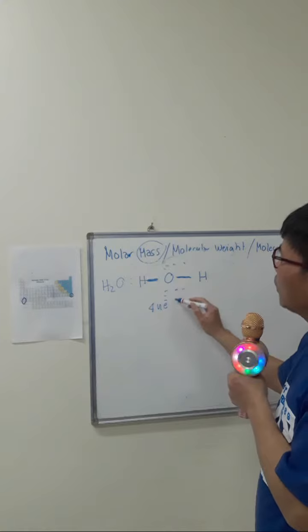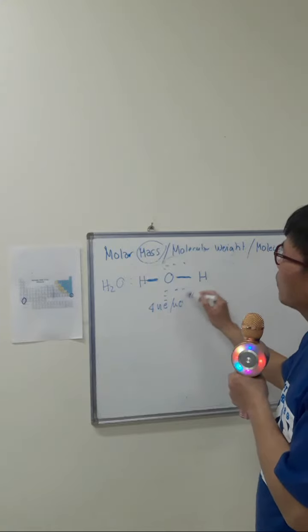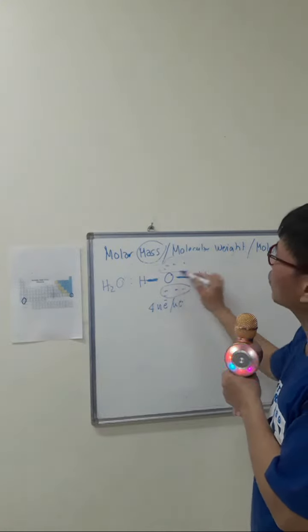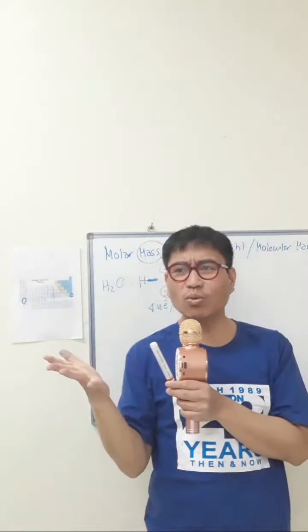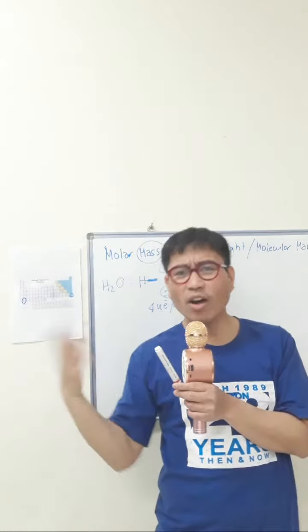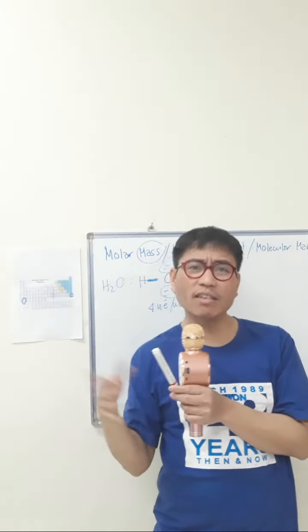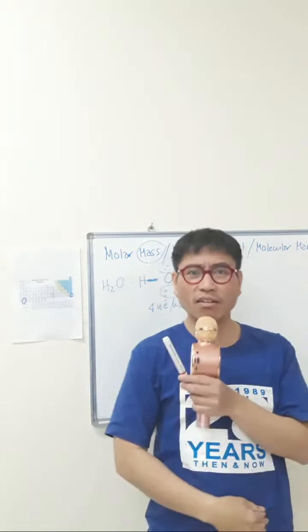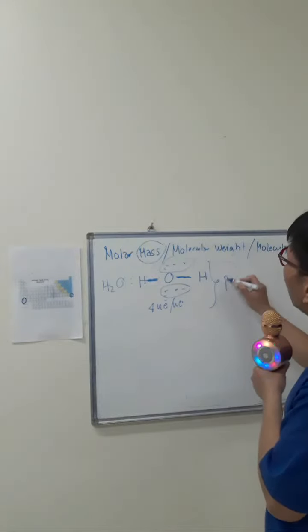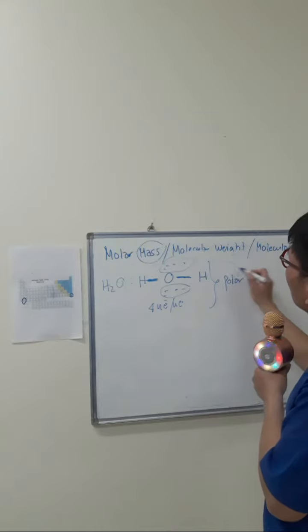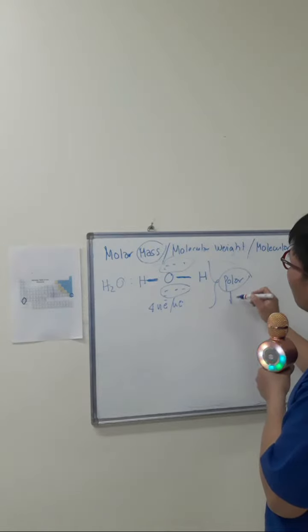Or unshared electrons. So, these 4 electrons are very thirsty or eager to react to metallic compounds or whatever, that's why this is very highly conductive. Water is polar, and polar means highly conductive to electricity.